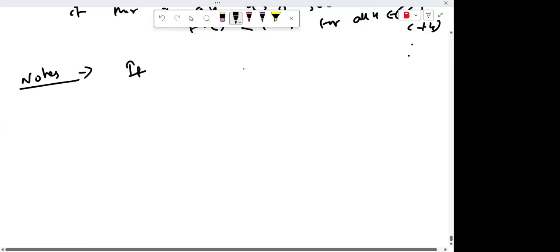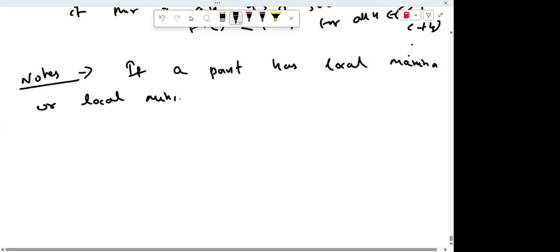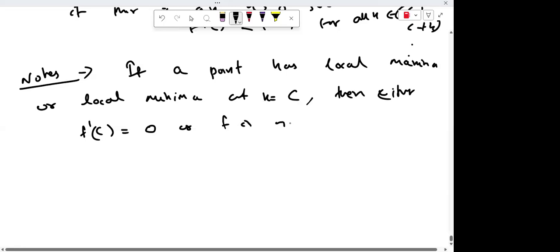Notes. If a point has local maxima or local minima at x equals to c, then either f dash c is equal to 0 or f is not differentiable at c.